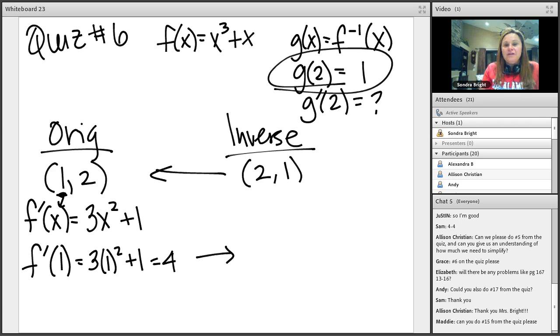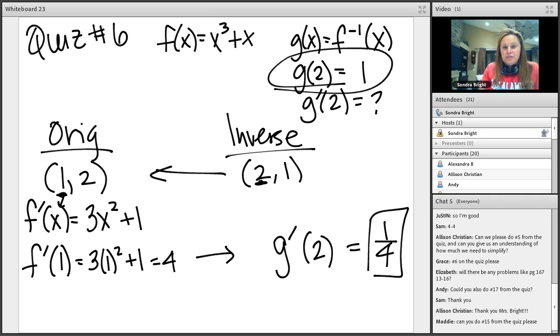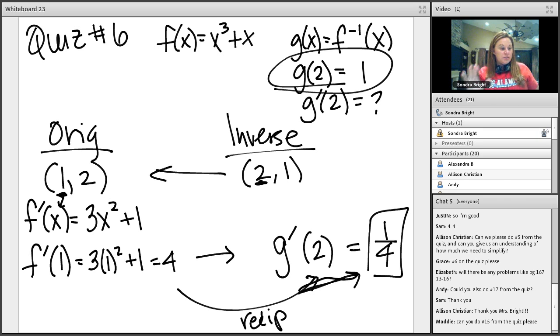That means the derivative of your inverse function at the corresponding point is just the reciprocal, 1 over 4. Take the reciprocal, not the negative reciprocal, just the reciprocal. Corresponding points have reciprocal slopes.